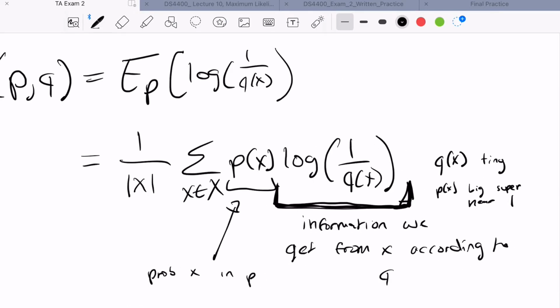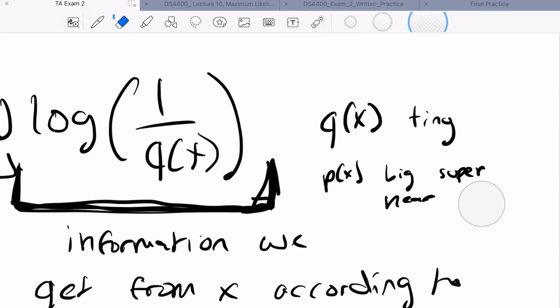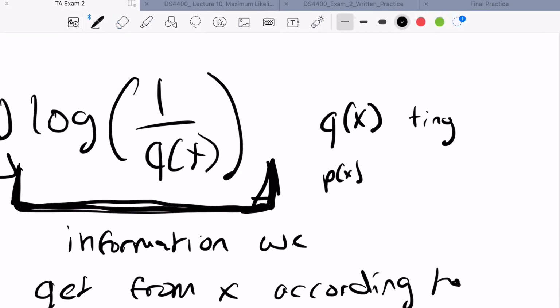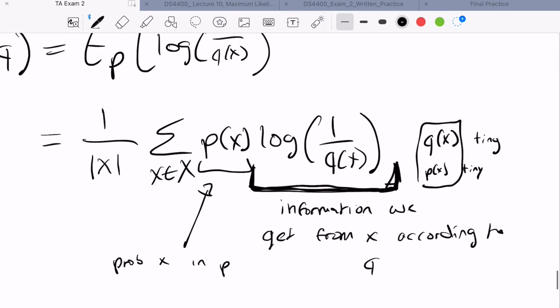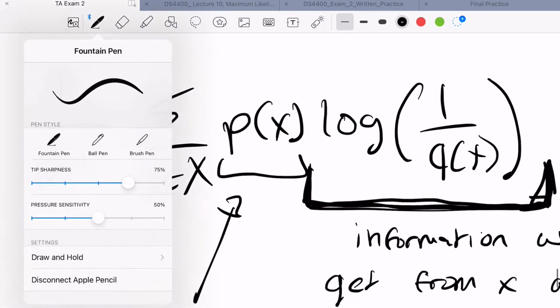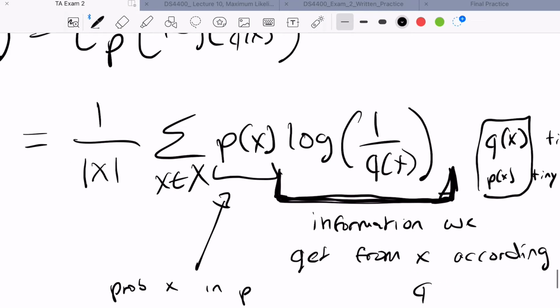Conversely, what if P of X is super tiny? In this case, these two are kind of in agreement that X is very unlikely in both distributions. Well, in that case, this information value might be really big, but P of X really diminishes the full magnitude of that information.